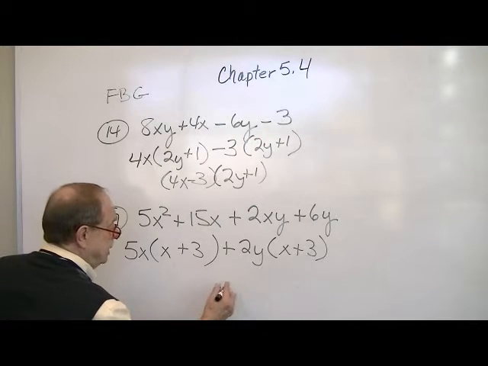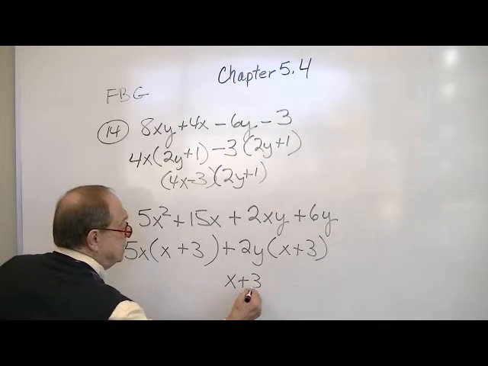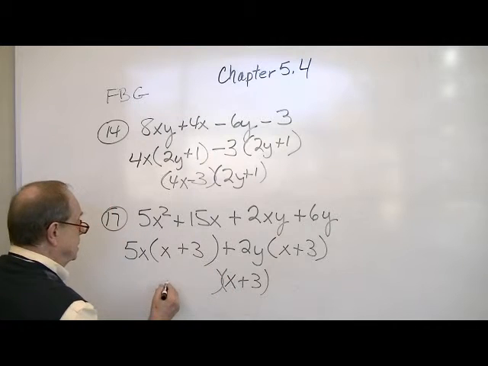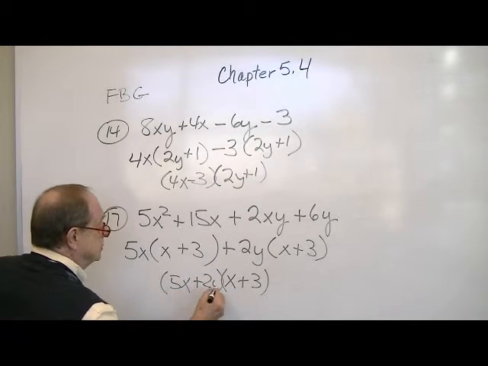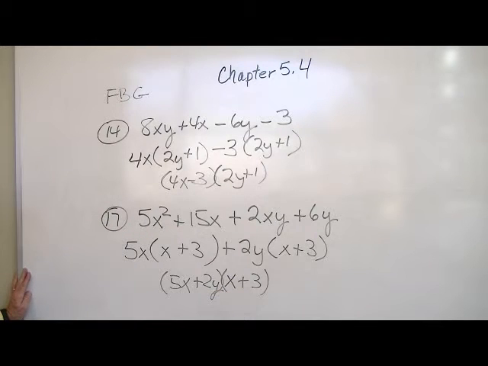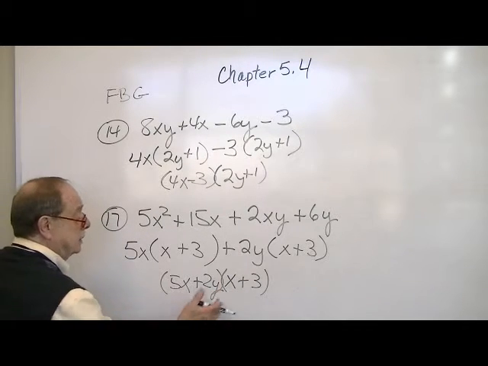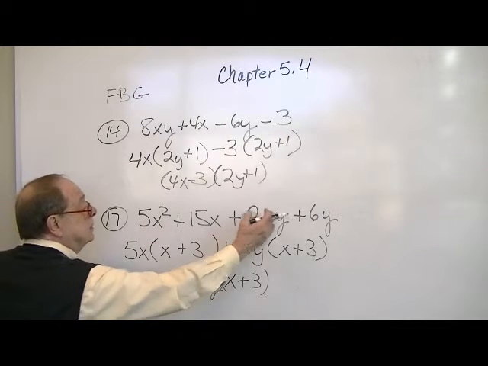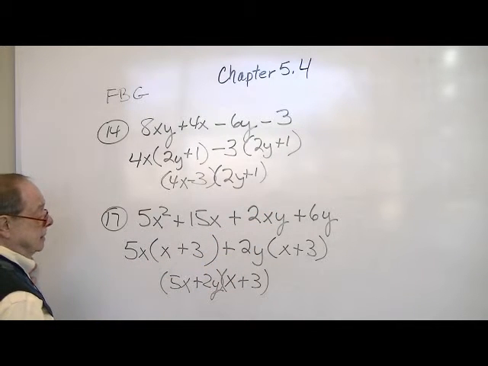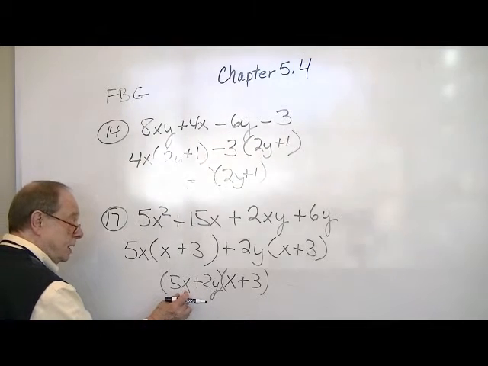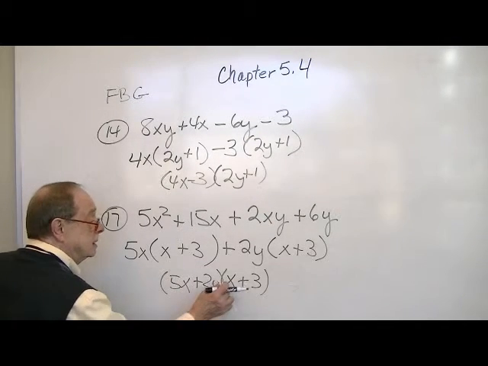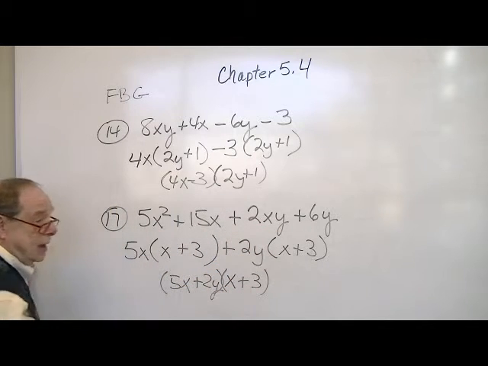And our common factor, x plus 3, times 5x plus 2y. And again, if you FOIL this, you would eventually get that. And if you use that technique, first member of the first binomial by that, you could do it that way as well.